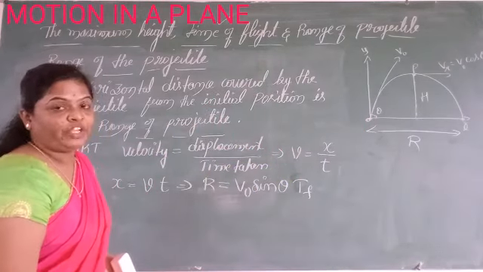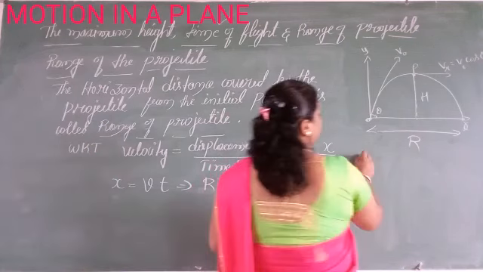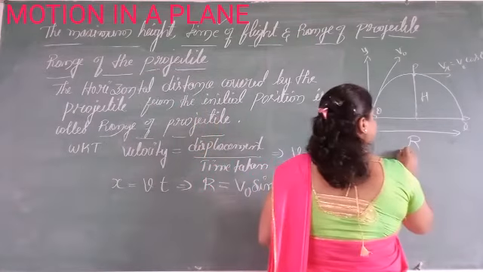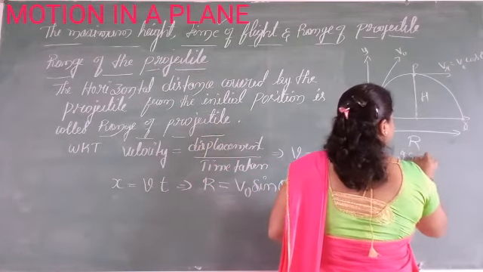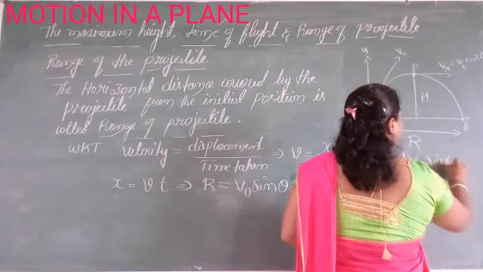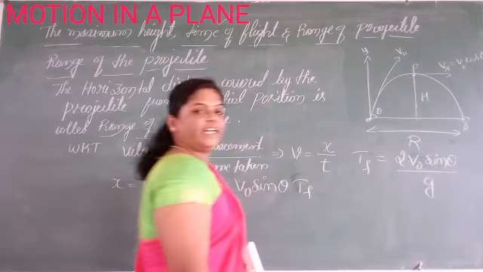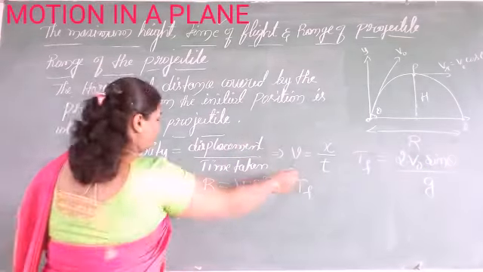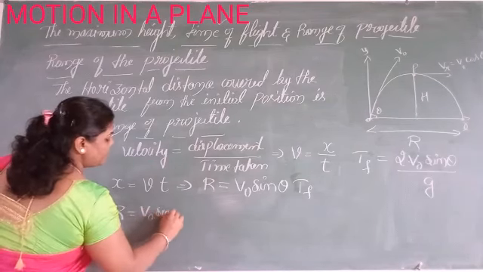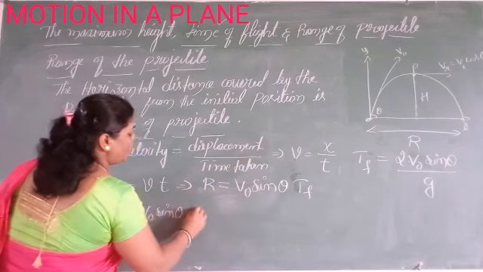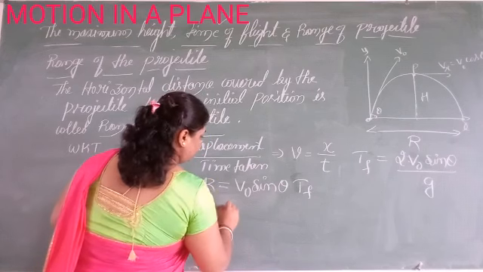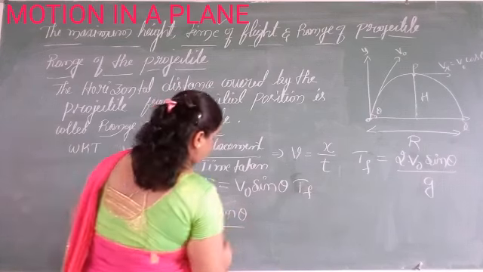We know that the time of flight is the time of ascent plus the time of descent, that is 2 V naught sin theta divided by g. Let's substitute it. Then R is equal to V naught, times the time of flight, 2 V naught sin theta divided by g.